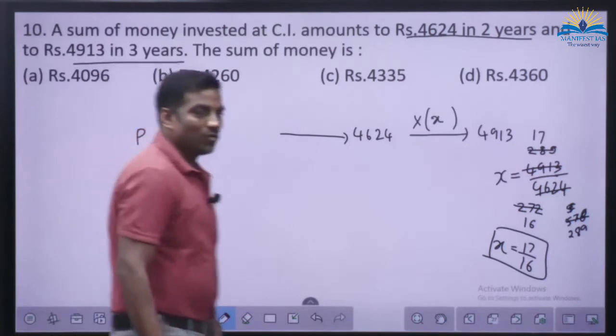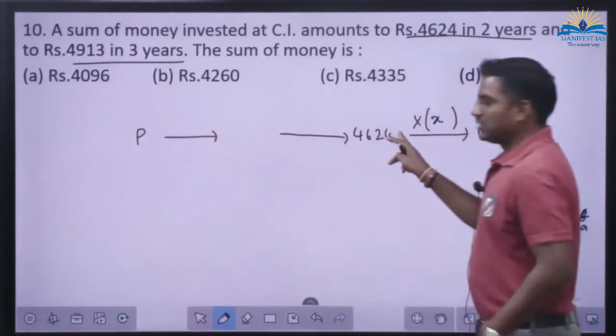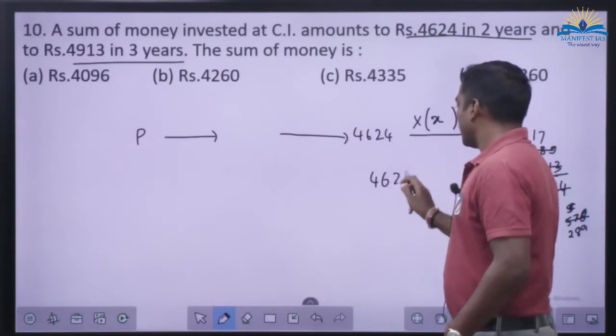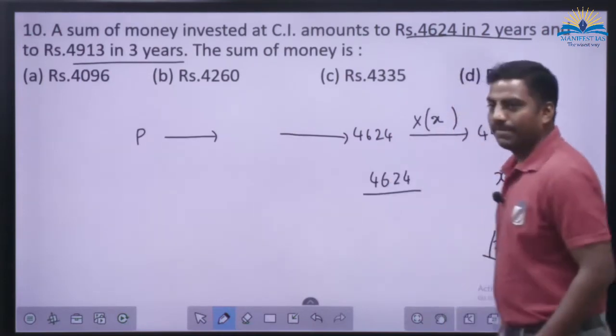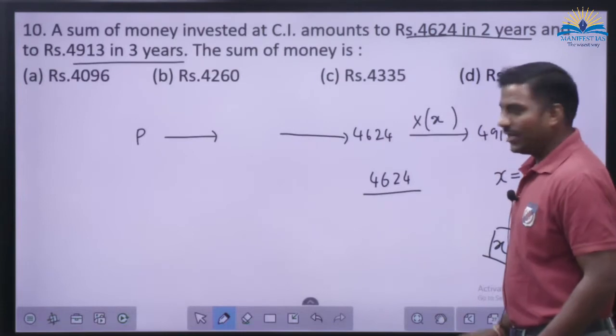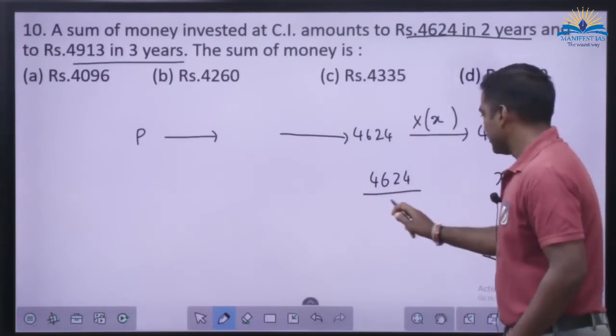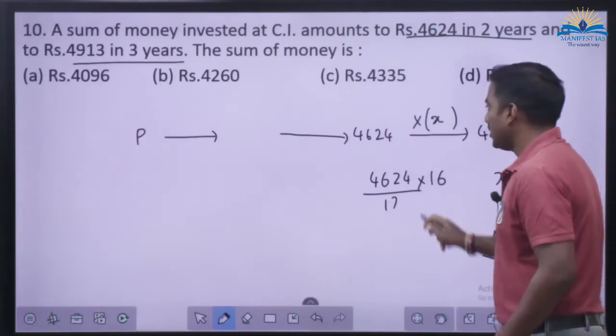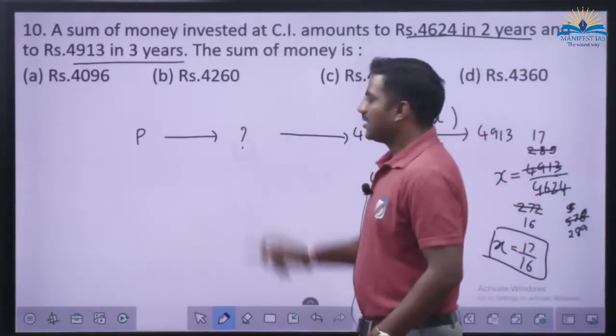So what you have to do now? Take 4,624 divided by 17 by 16. 17 by 16 will go this side. You will get this one.